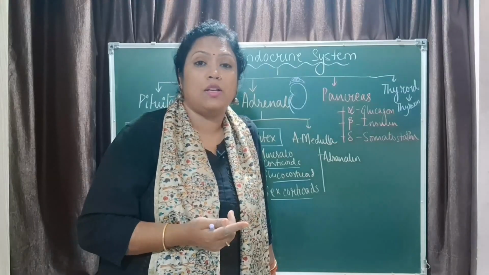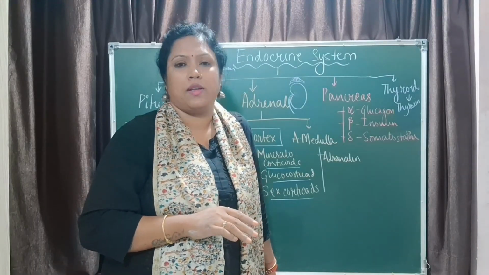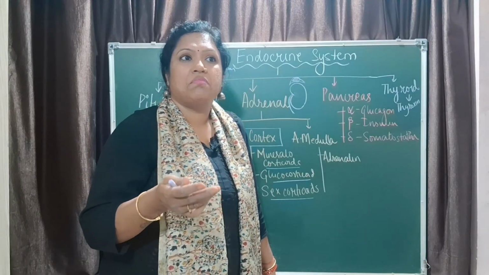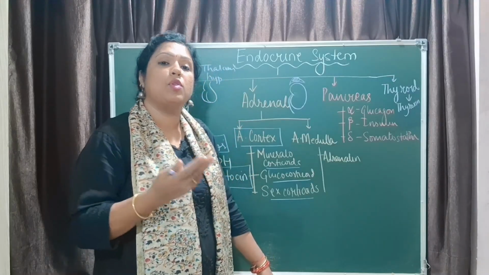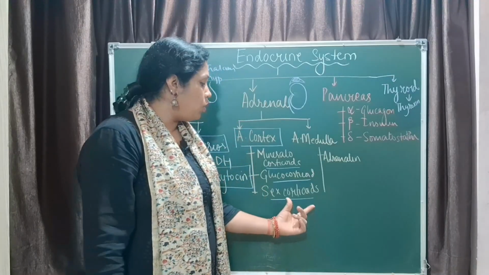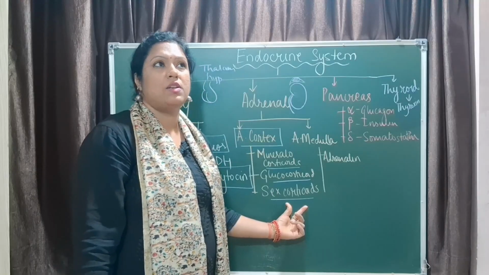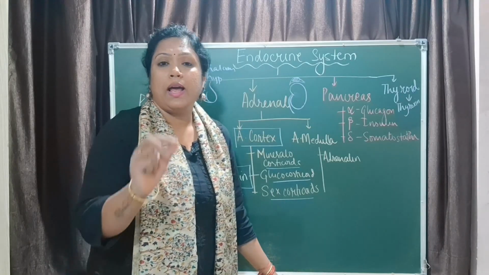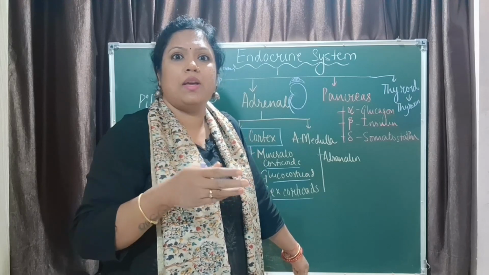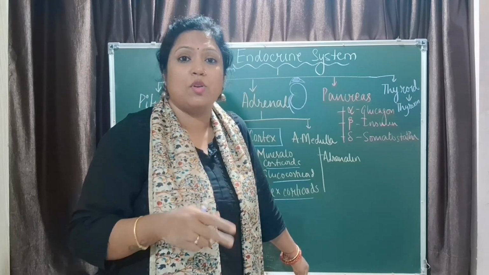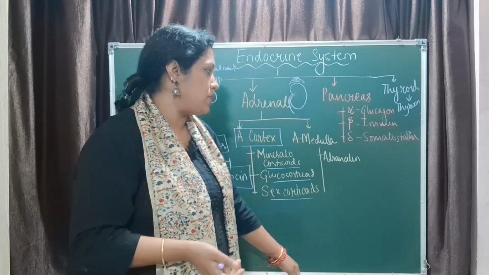Oversecretion may lead to premature sexual maturity. That is, the sexual maturity comes early in the children who have more release of androgens. Moreover, release of more androgen leads to a condition called adrenal virilism. Adrenal virilism is when a female gets a mustache and a beard because of the excess of androgens present.